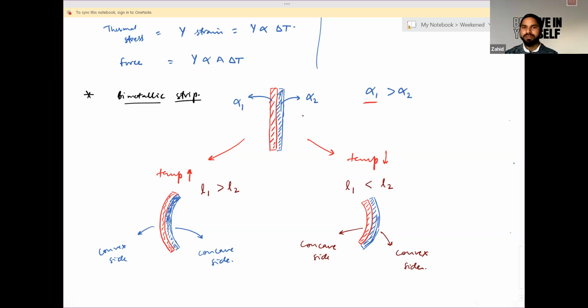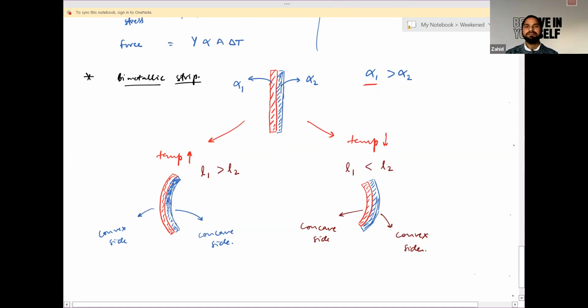So just remember this concept to define it. Just write it down. Done, sir.